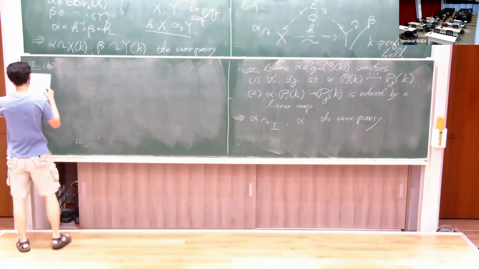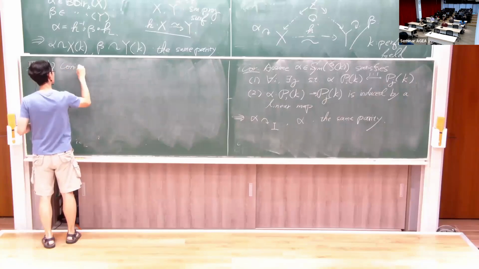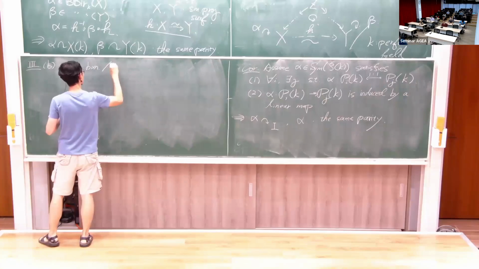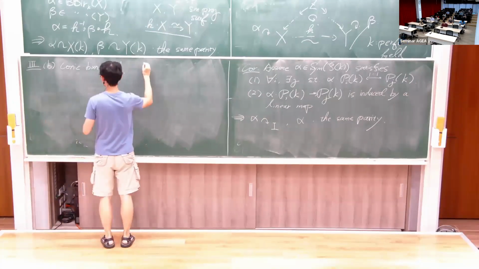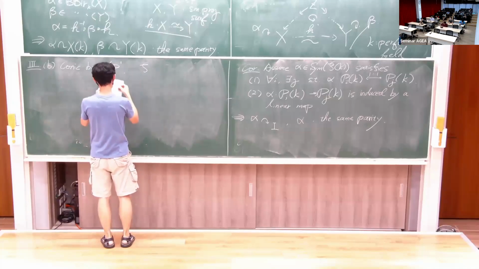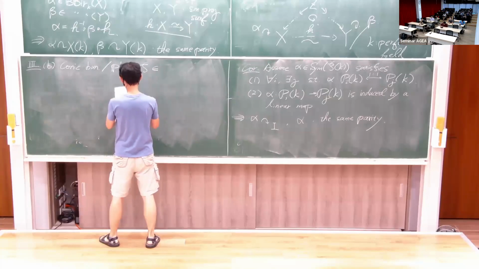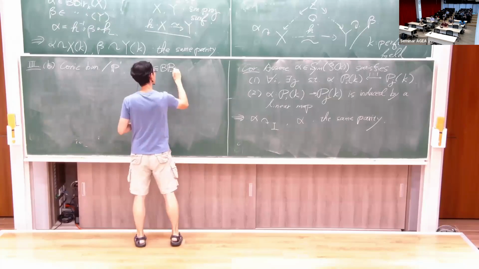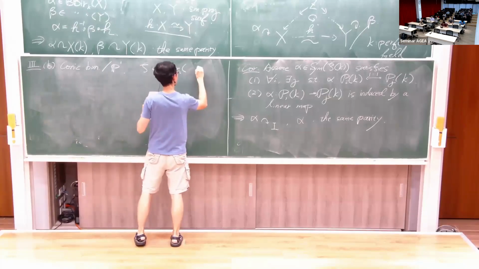Okay. So conic bundles over P1. Say, given a conic bundle over P1, and let F be a bijective birational automorphism over K of this guy.